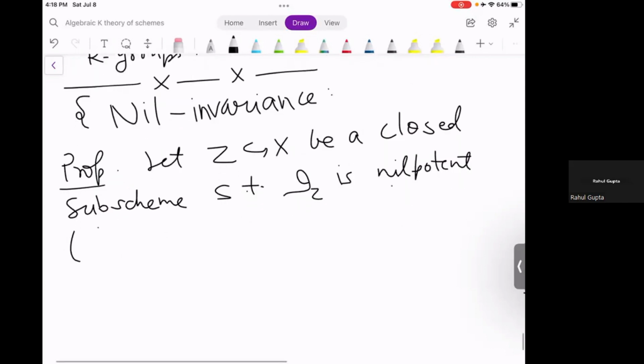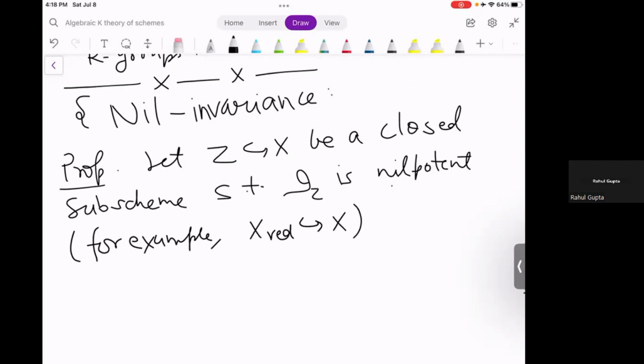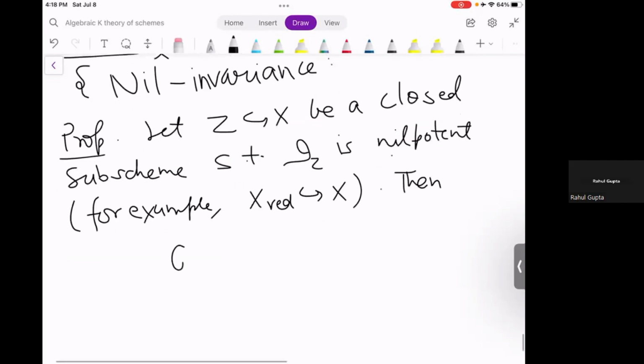For example, we can take Z to be X reduced inside X, with its reduced structure. Then we just proved that there's a pushforward map, because closed immersions are proper morphisms, and the nil invariance says that this map is actually an isomorphism.